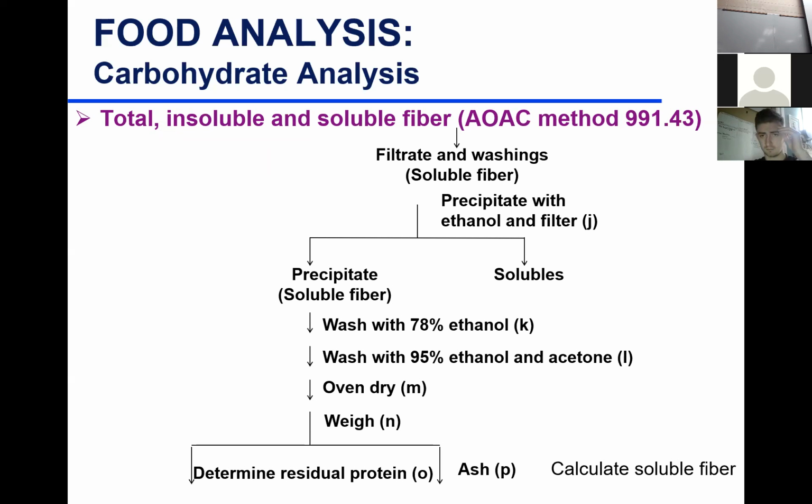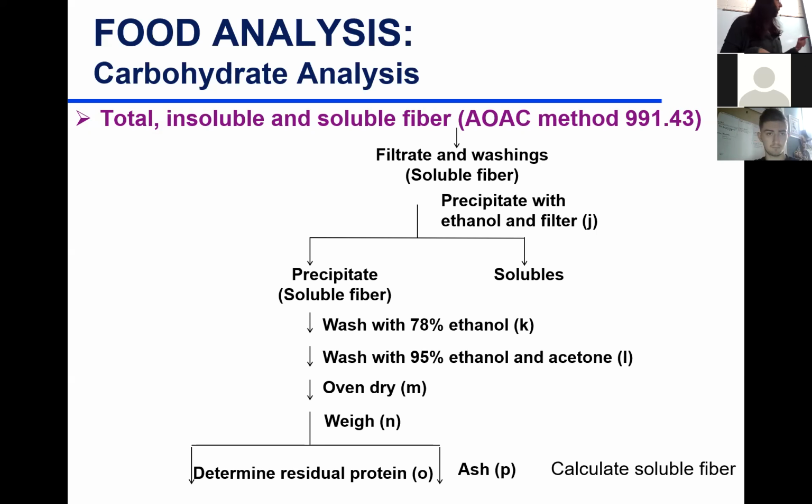Pectin, hydrocolloids, and gums will precipitate, and your sugars and amino acids will remain soluble and you throw them away. You take the precipitate, wash it several times, dry it, and get the weight. Again, you determine protein content and ash content, subtract that from the weight, and you get the soluble fiber.